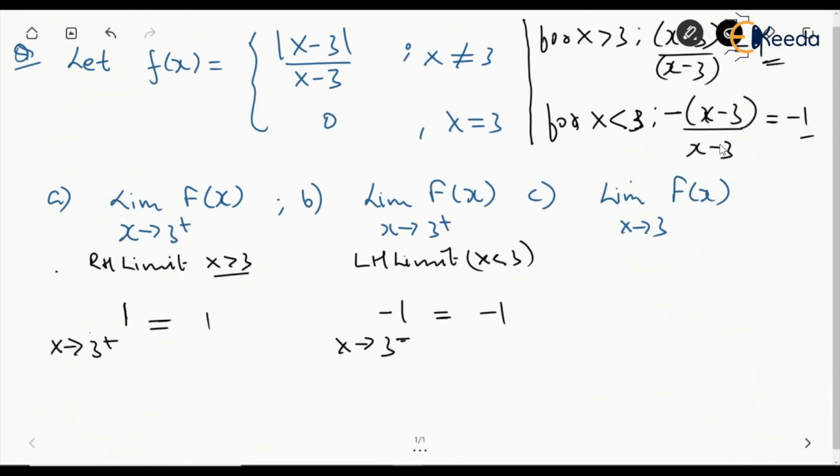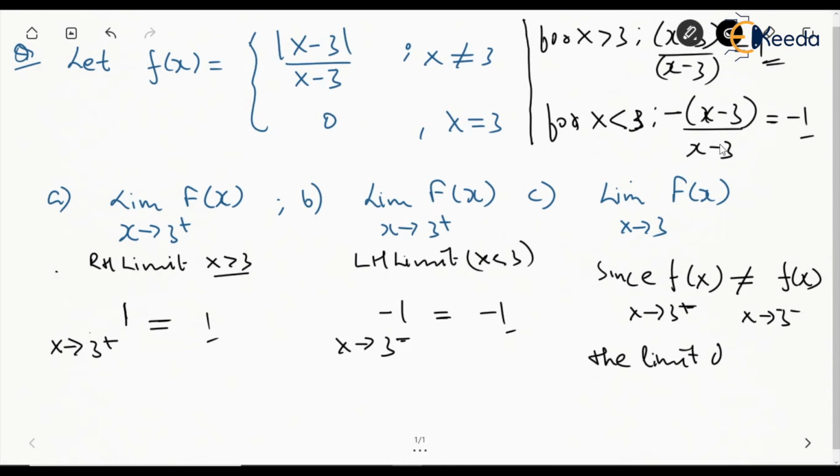So this is the right hand limit, this is the left hand limit, and of course we can see that these two values are not same, right? These are different values, and in that case we can say since f of x for x tends to 3 plus is not equal to f of x for x tends to 3 minus, the limit does not exist.